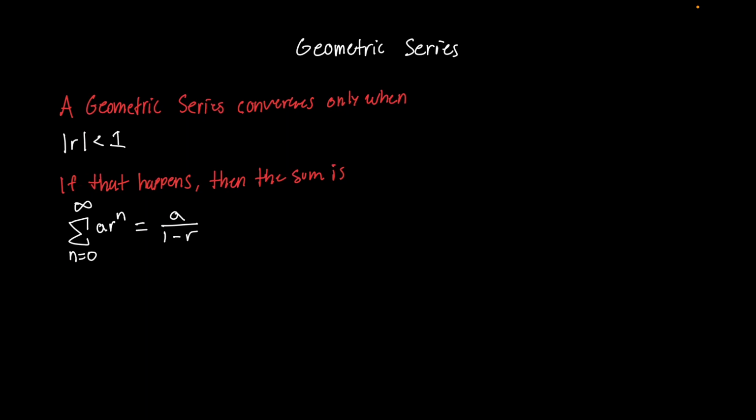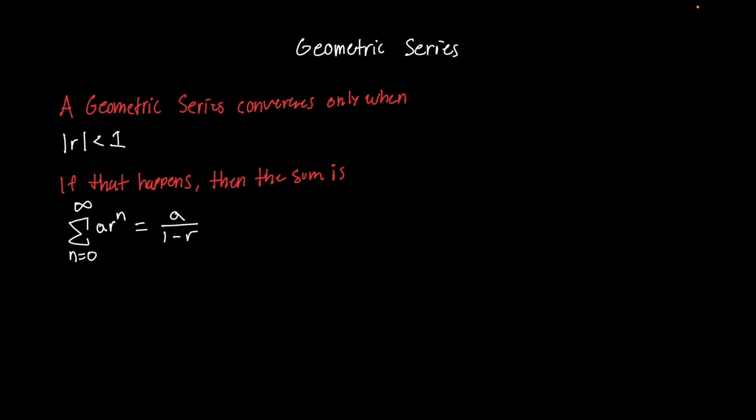Remember, this is just the sigma notation right here for the geometric series, and if you remember from earlier, the form is a plus ar plus ar squared plus ar cubed, so you're just adding up all the terms, so the n just means the nth term. So that's just a general formula for geometric. So basically what it's saying is that if your common ratio is less than 1, then the sum of that geometric series is going to be equal to a, remember, which is the first term, divided by 1 minus the common ratio.